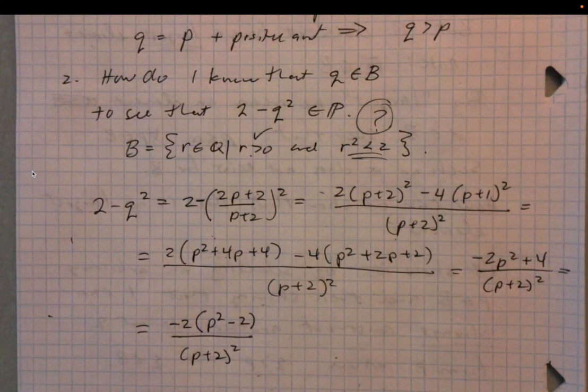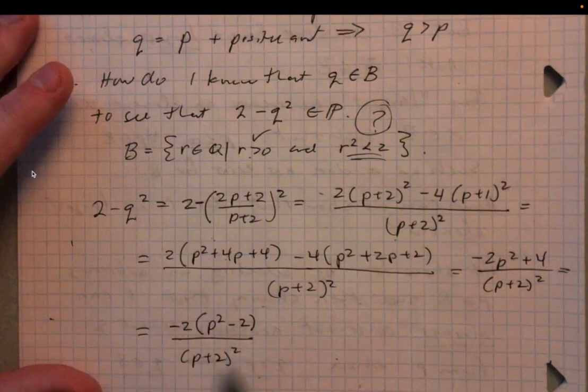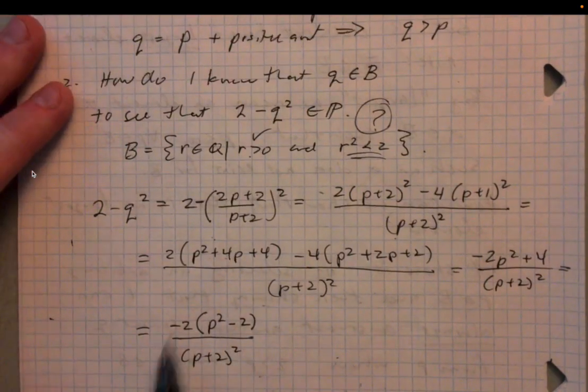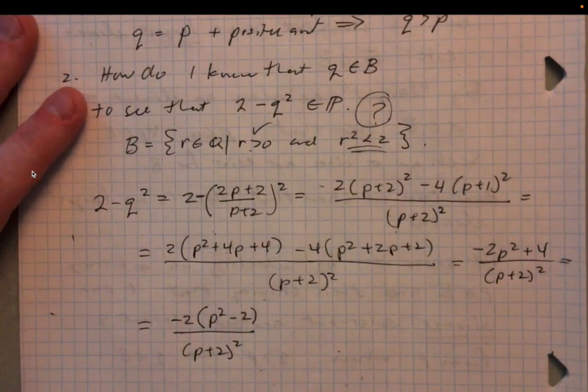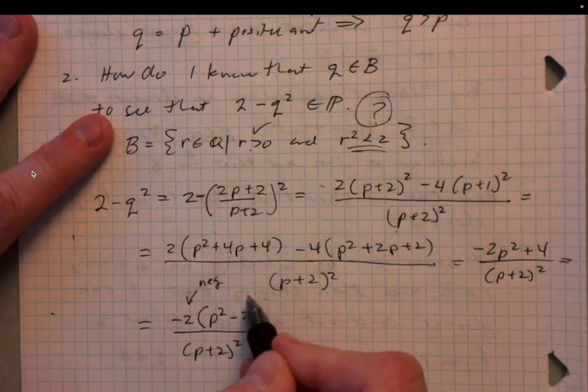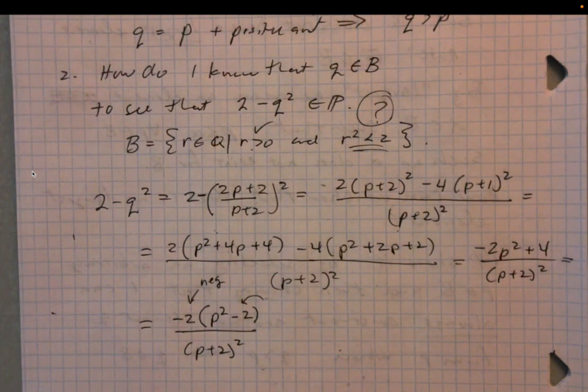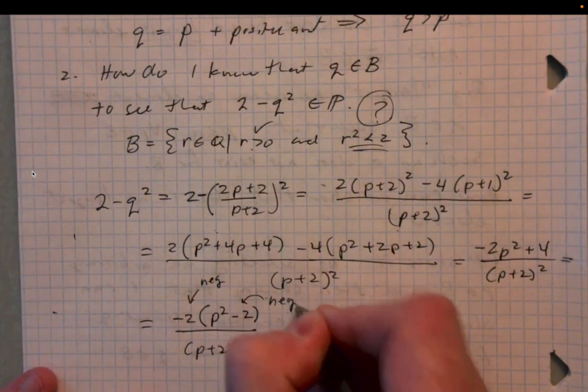Now, what is going on up here? Is this in P? This needs to be in P, and in this form we can easily check whether it's in P or not. This is obviously a negative. What about this thing here? Is this positive or negative? This is negative.